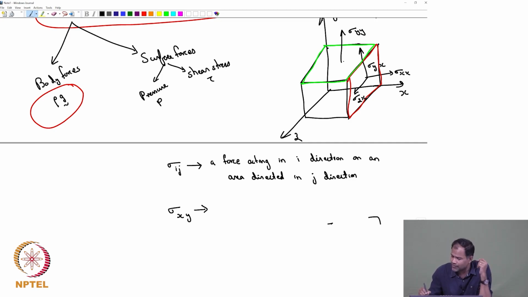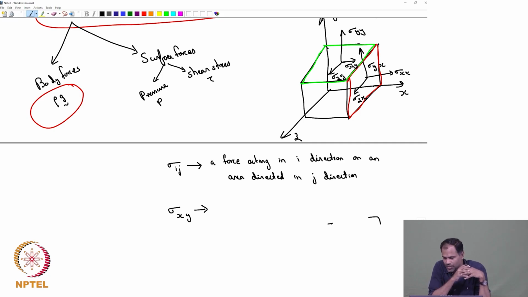I can define a force that is acting in x direction on this plane y, so that we will write as sigma xy, or I can write down a force that is acting in the z direction, so that will be sigma zy. So, these are the various components of this matrix, the stress that we are talking about.